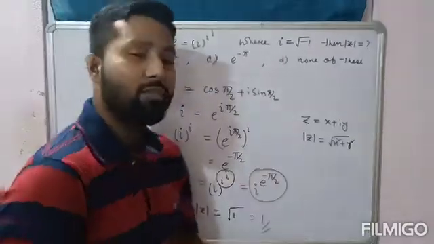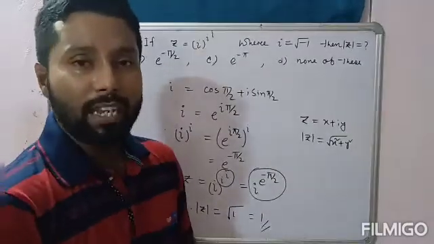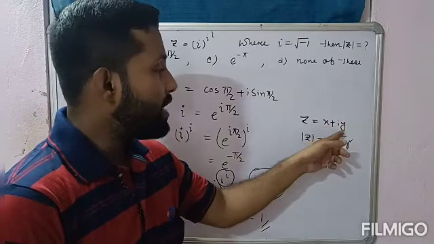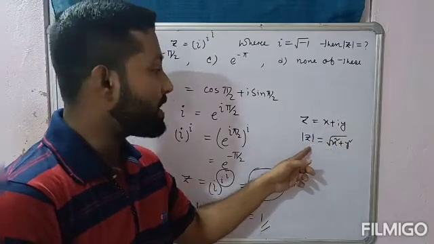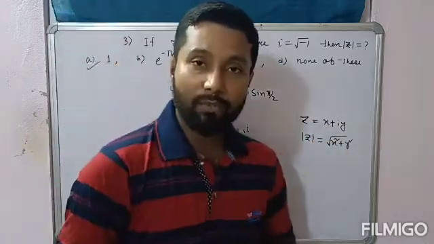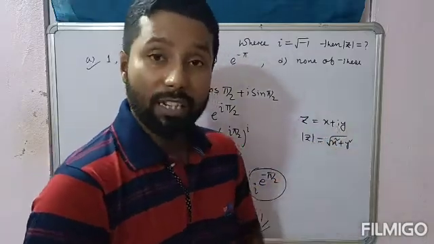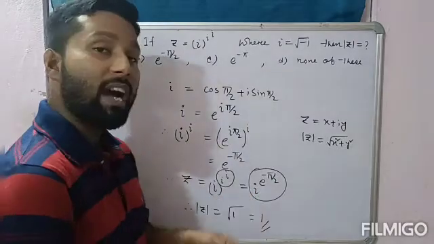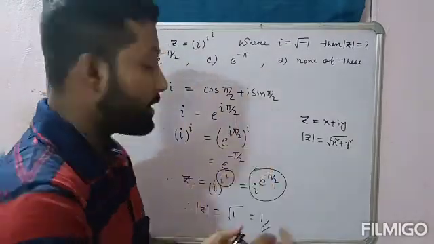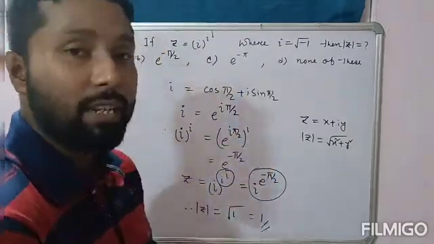What is the coefficient of this imaginary part? 1 only. In x plus iy, mod z is equal to root over x square plus y square. This y is the imaginary coefficient of i only, no? So here what is the coefficient of i? The coefficient of i is 1. So that is why root over 1, which means 1 only.